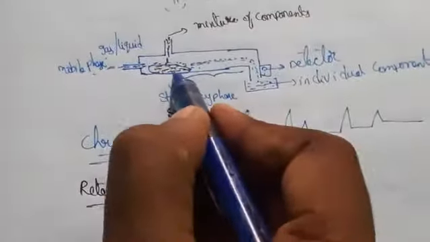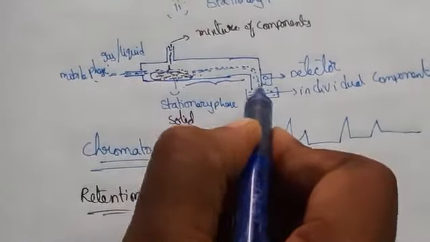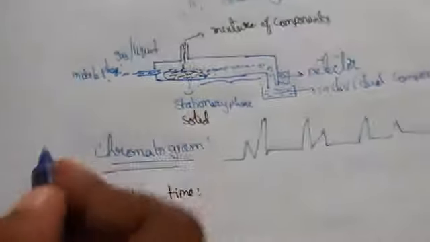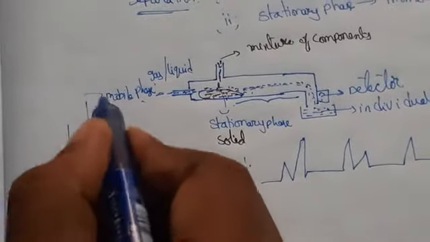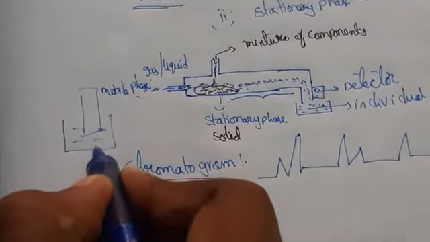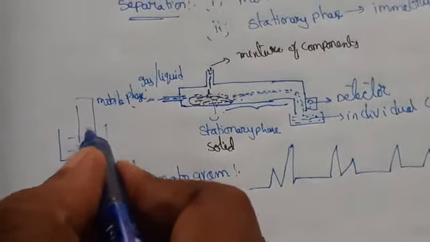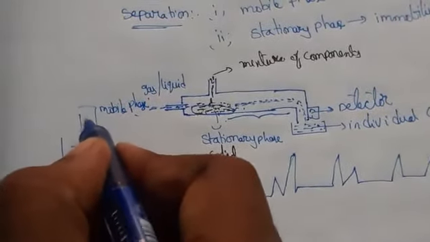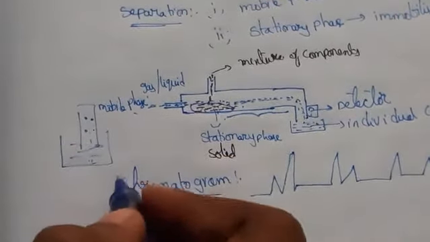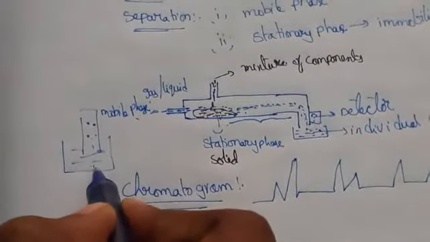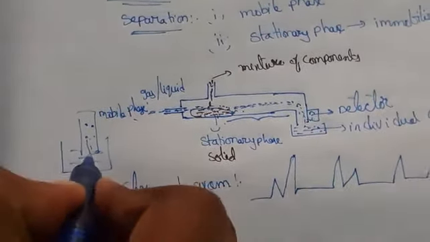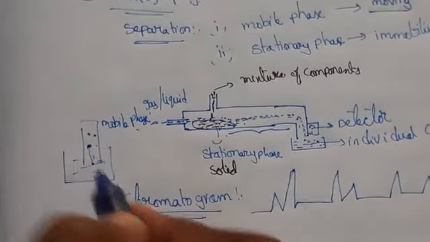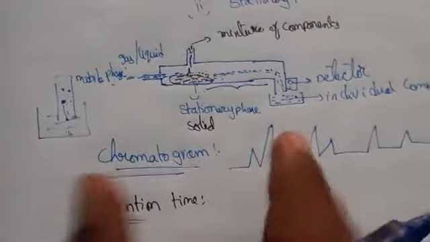See, from this spot to the detector, for example, let us take a beaker. You have inserted a paper here, then the liquid passes and it divides into individual components, right? The liquid is flowing to the bottom of this paper, and to this point we should find the distance, how much time it is taking.